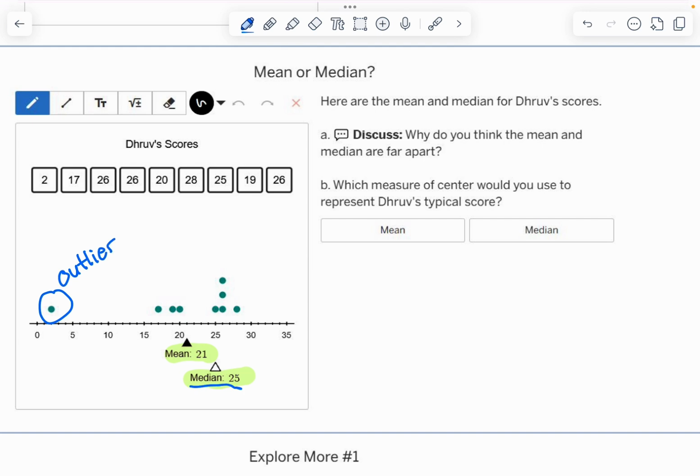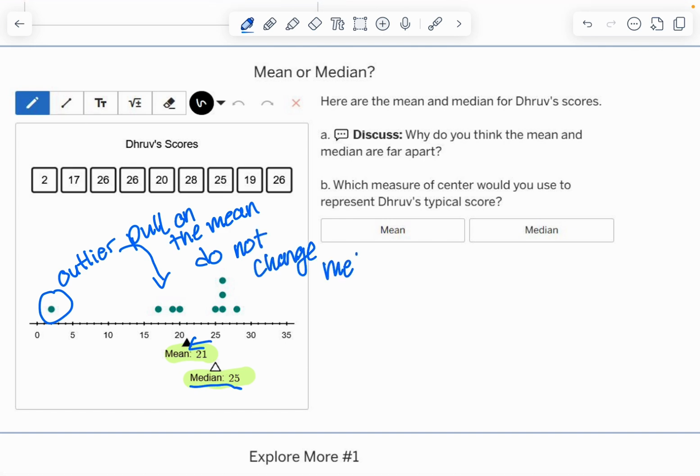This outlier pulls the mean farther away from the median. So a big thing that I would like you to remember: the outliers pull on the mean, but they do not alter the median. So if you have an outlier or you're unsure, use the median rather than the mean.